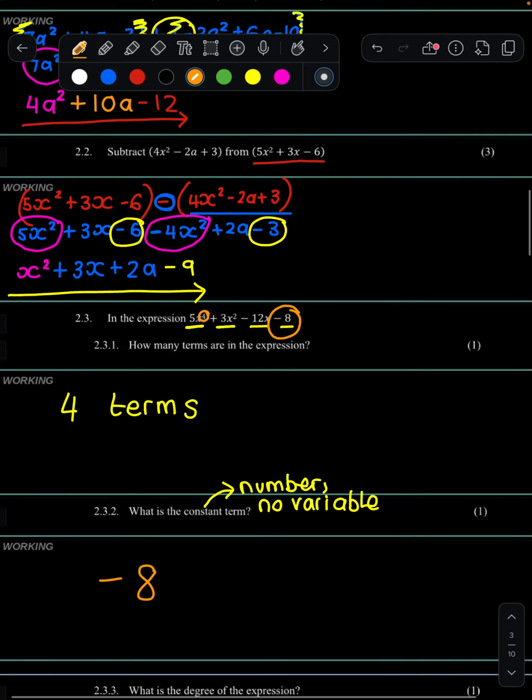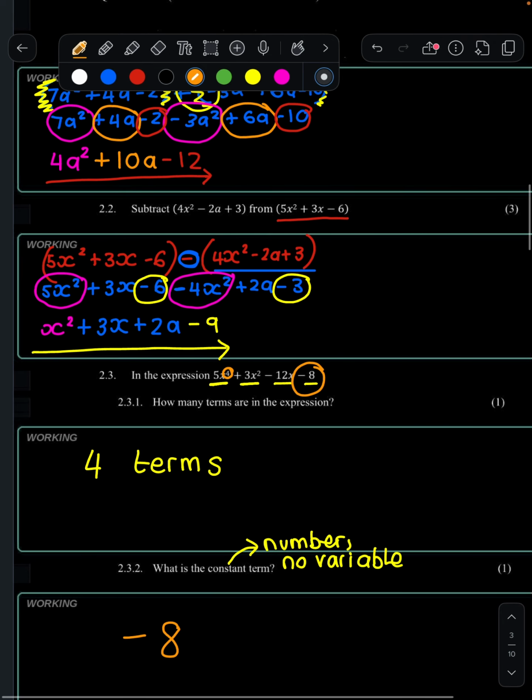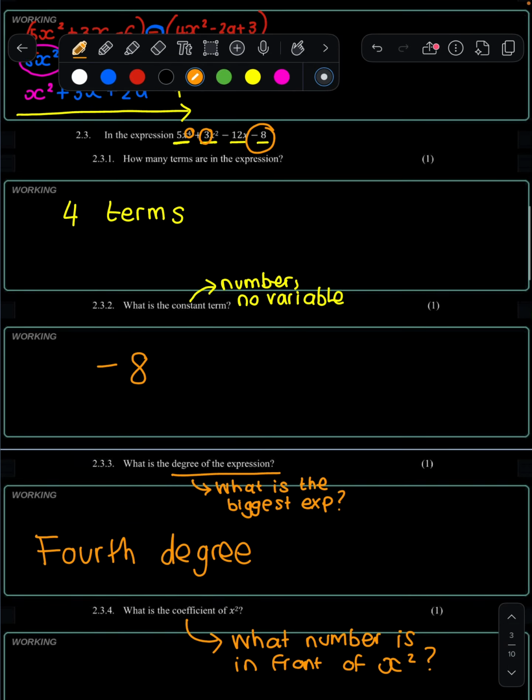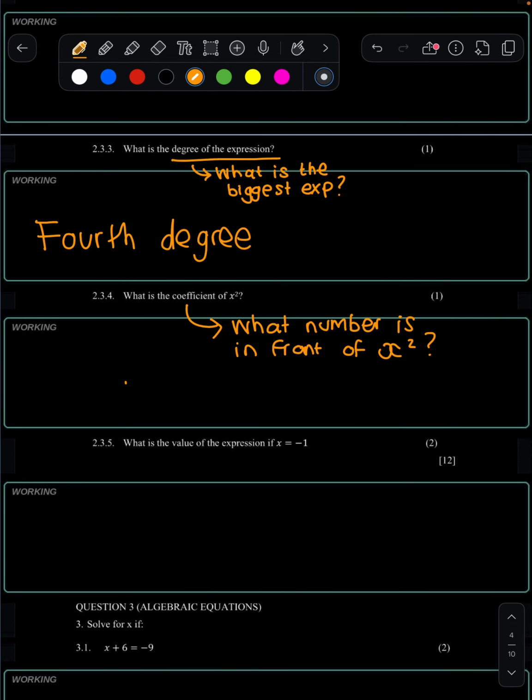And if we look here, the number in front of x squared is 3. So the coefficient of x squared is 3. And what is the value of the expression if x is equal to minus 1? So now they're asking you to do some substitution.